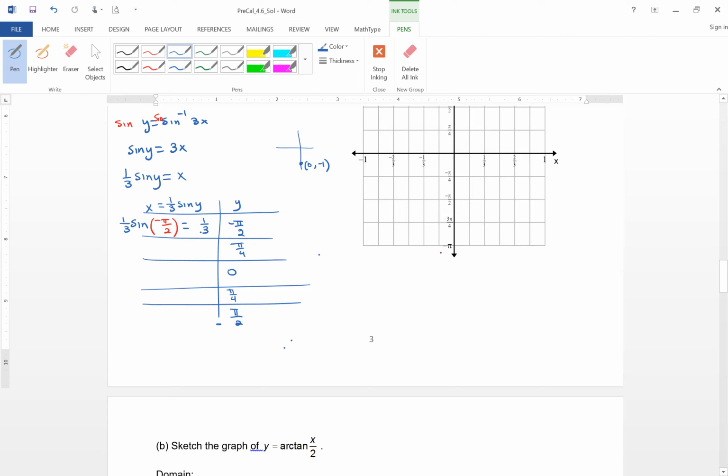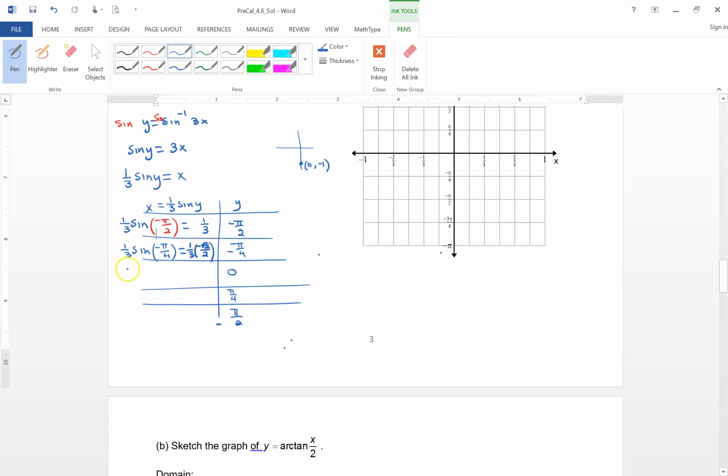Okay? Let's do it again. 1 over 3 sine of negative pi over 4. The pi over 4s always get a what? Root 2 over 2, right? So this is going to be negative root 2 over 2. So 1 over 3 times negative root 2 over 2.